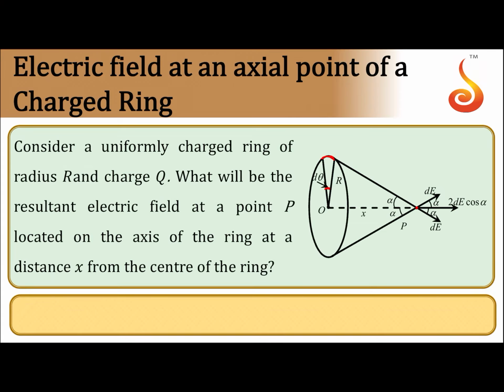The charge on this differential element can be calculated by charge per unit length on the ring times the length of the element. So the charge on this particular ring element is given by dq is equal to the total charge on the ring, which is q, over the circumference of the ring, 2 pi r, times the length of the element that I considered, r d theta. So that will make it q d theta divided by 2 pi.